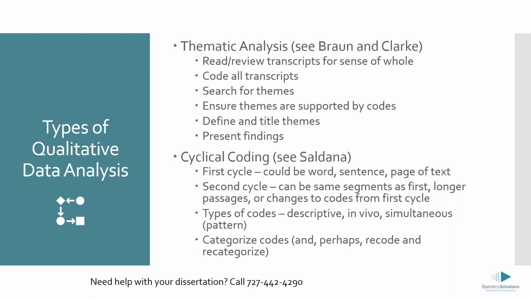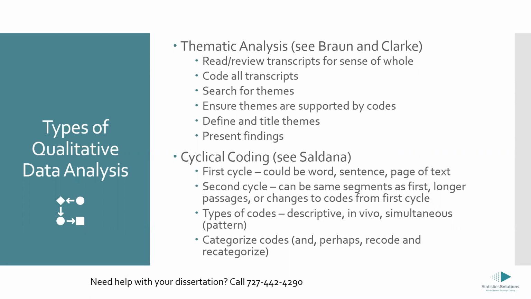And then you want to make sure that the themes that you have created, that you have identified, are supported by the codes. So you want to read through all of the codes within that theme and make sure that they tell a cohesive story, make sure that nothing is out of place. And sometimes it's the case that you shuffle codes around a little bit because you realize that, oh, maybe this passage actually makes better sense in a different theme, right?